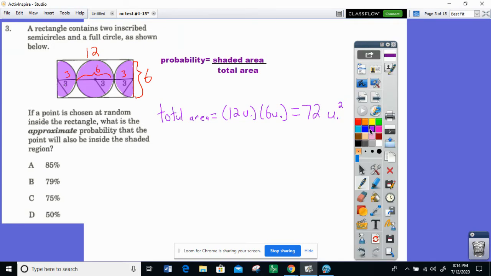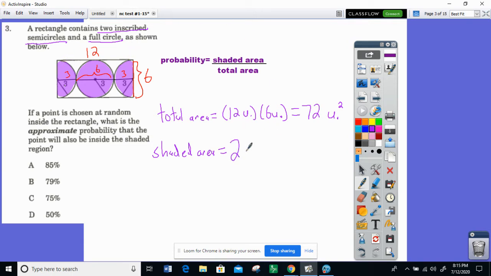Well, now we need to get the shaded area, okay? What shape is our shaded area in? Well, it already says up here, full circle and 2 inscribed semicircles. So we've got one circular area with a radius of 3. We've also got 2 inscribed semicircles, but if we take those 2 semicircles and put them together, it's going to be a full circle.